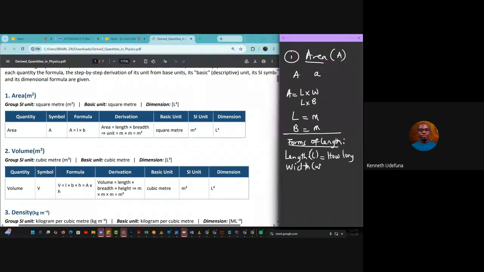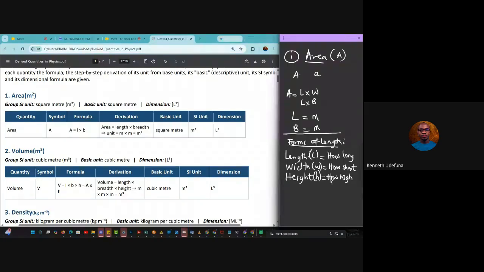This one simply means how short something is. Then we also have another form of length that we call height, represented as small h. This one simply means how high something is.